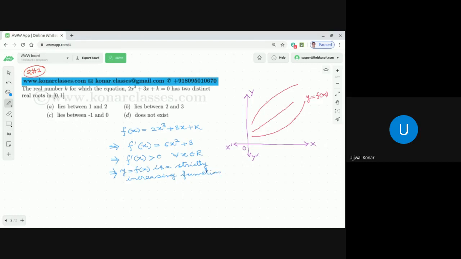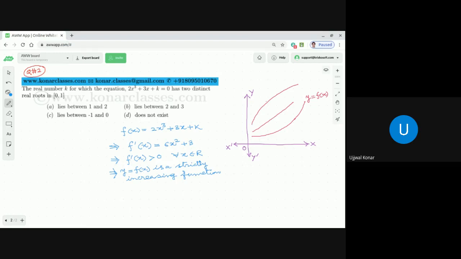Now, because of that, what happens? If it is a strictly increasing function, then we need to find the value of k so that fx equal to 0 has two distinct real roots. That is not possible now.